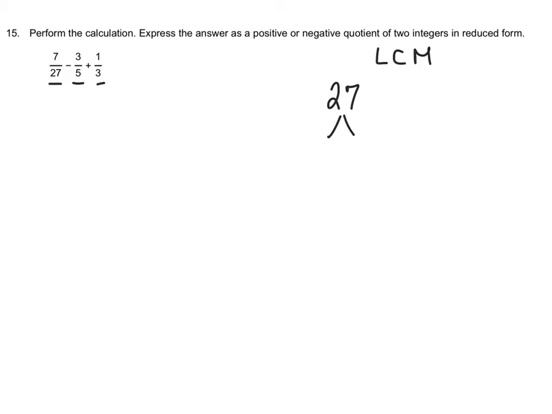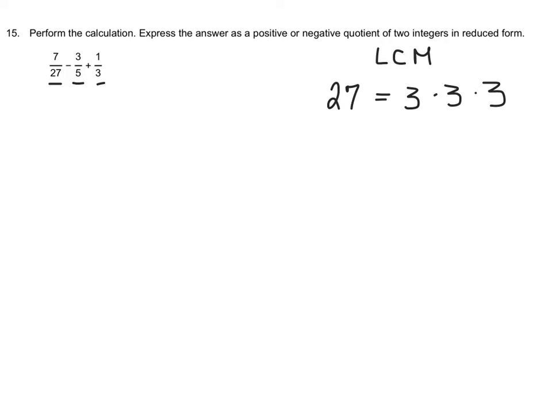So 27 is the same as 9 times 3, and then 9 can be broken down as 3 times 3. So the prime factorization of 27 is 3 times 3 times 3.